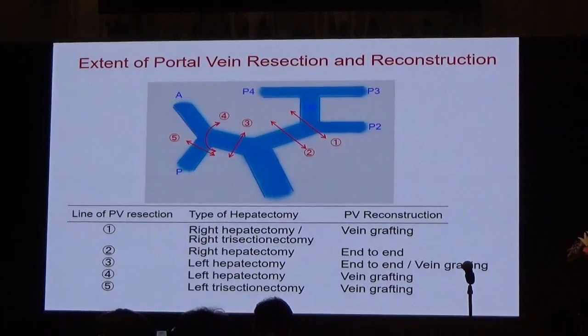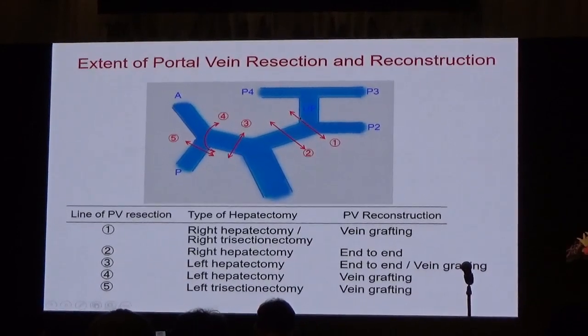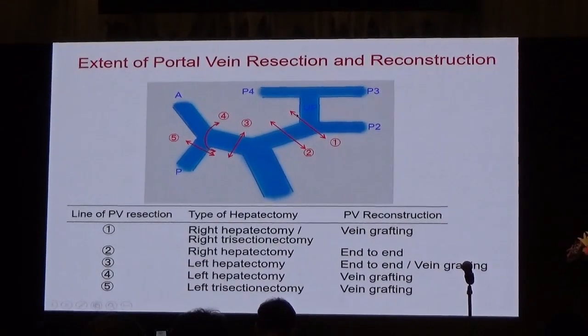Now I would like to talk about the distal resection limit of the portal vein. In the right hepatectomy or right trisectionectomy, the distal resection line can be here, an oblique resection of the umbilical portion and the segment 2 branch here.